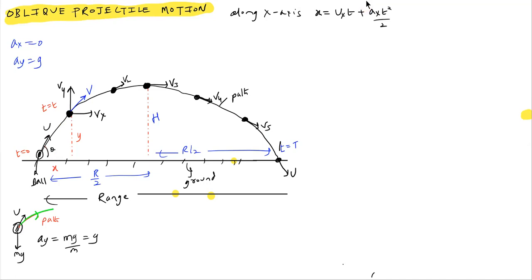Then what is the initial velocity along x-axis? We write it as u cos theta. Initial velocity along y-axis is u sin theta. Acceleration along x-axis is 0. Let me substitute all those things here.